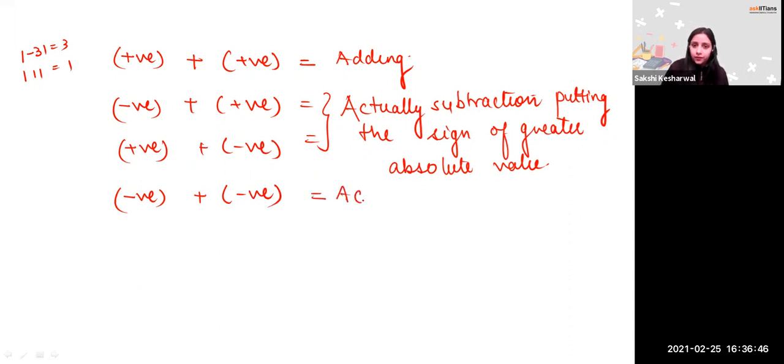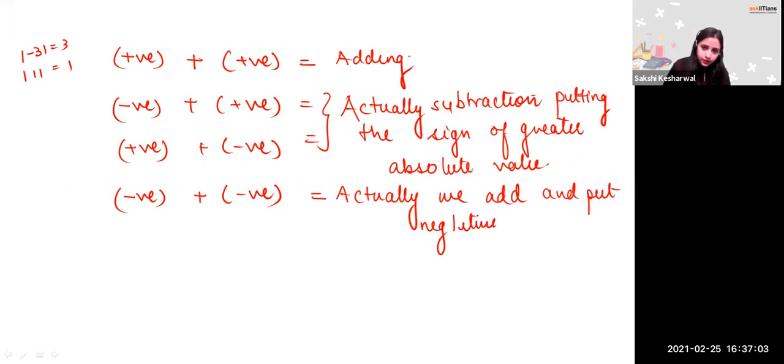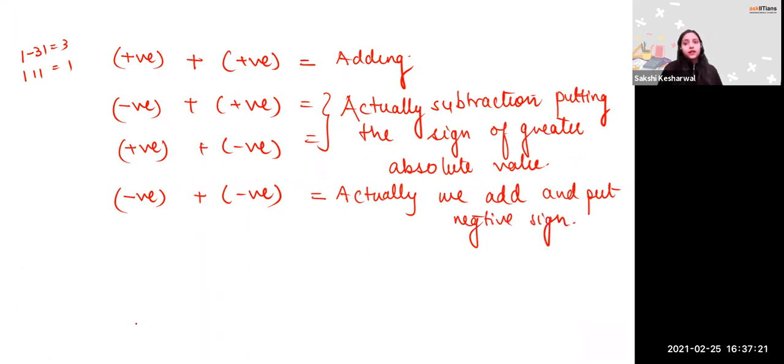Actually, we add and put the negative sign. Negative sign. Spelling wrong, hold on, beta. Negative sign. That's it, right? So this we have already done.